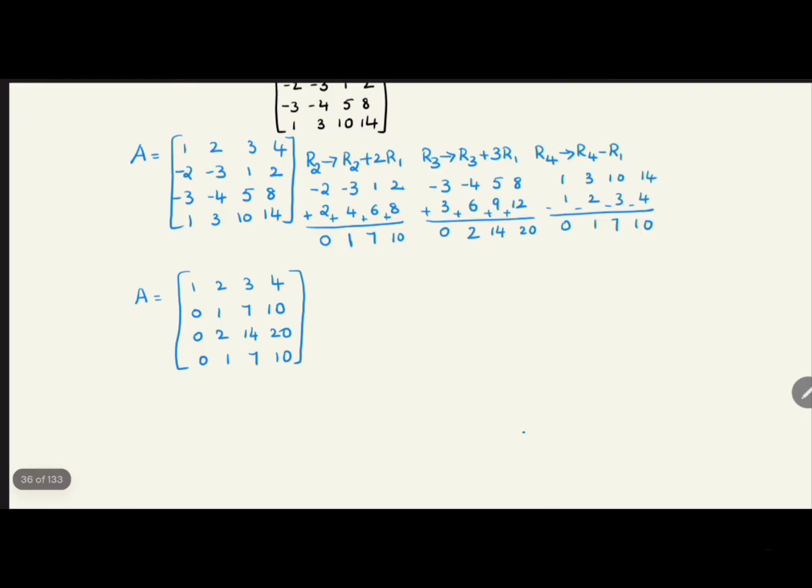Now, before performing step 3, here I can divide R3 by 2. What will be the matrix now? 1, 2, 3, 4. Okay, 0, 1, 7, 10. Now I am dividing R3 by 2. So it is 0, 2 by 2 is 1, 14 by 2 is 7, 20 by 2 is 10. Okay, so 0, 1, 7, 10.